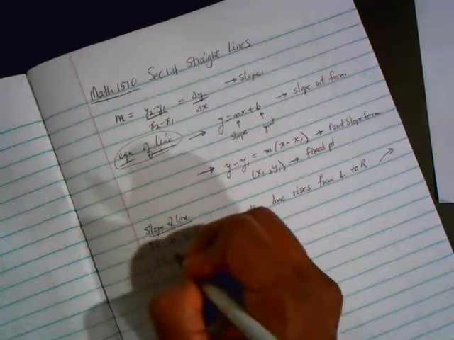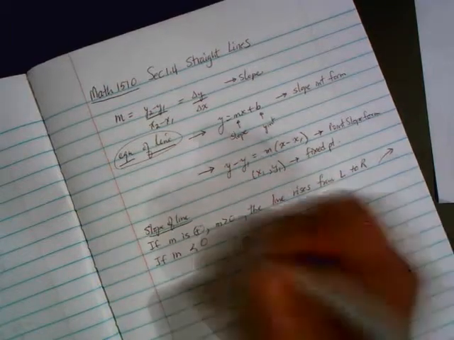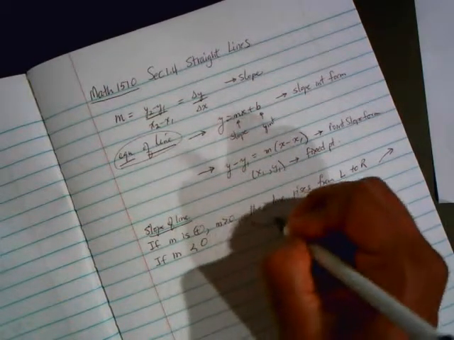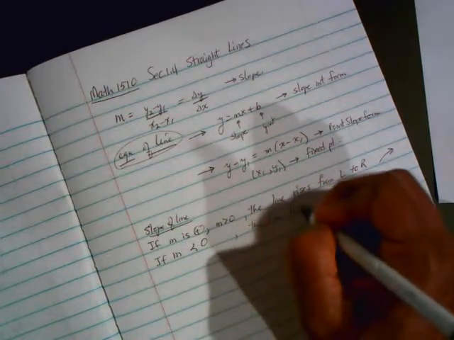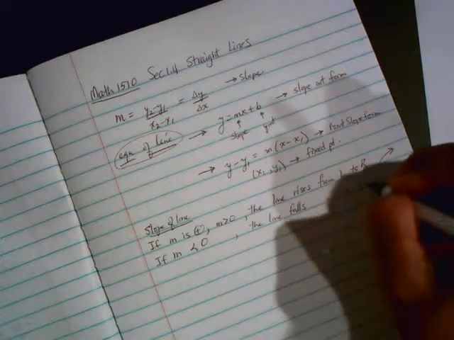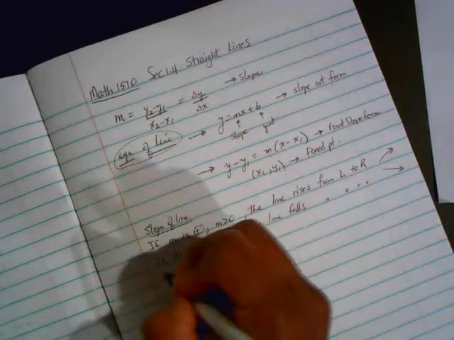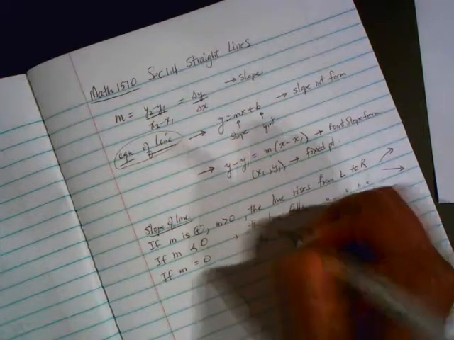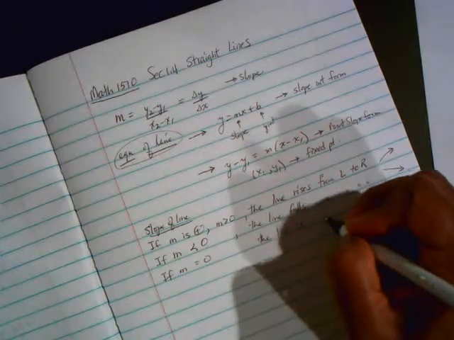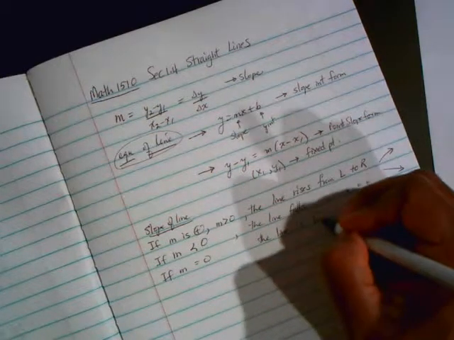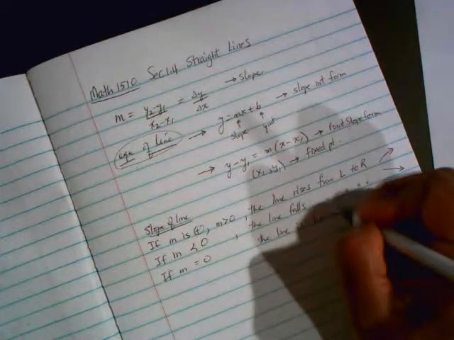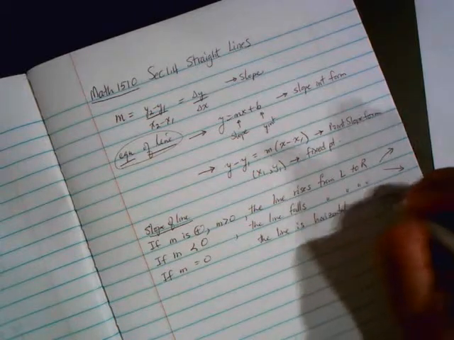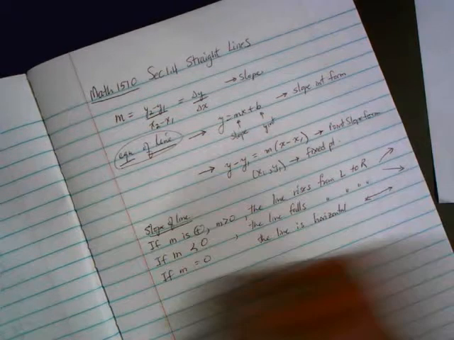If the slope is negative, if m is less than 0, the line falls from left to right, so it's decreasing. If the slope is 0, the line is horizontal, flat line, not much steepness. The line is horizontal, and just like the horizon, it's that way, horizontal line.